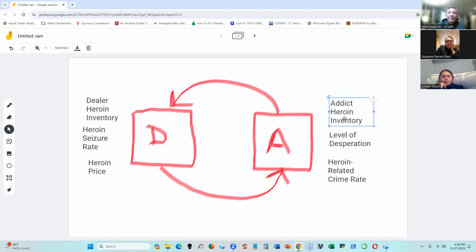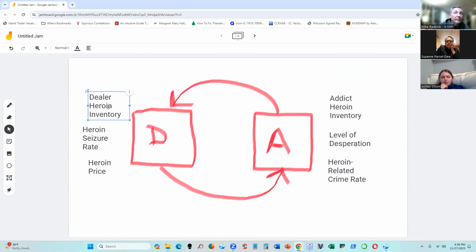Well, at this point, would you put in the fact that the law enforcement policy affects the heroin seizure rate? Okay, so what I would say to that is maybe. First of all, we don't have a law enforcement sector up here yet. So if and when we add that, we can consider that, number one. Number two, who's the client? Is it the chief of police?